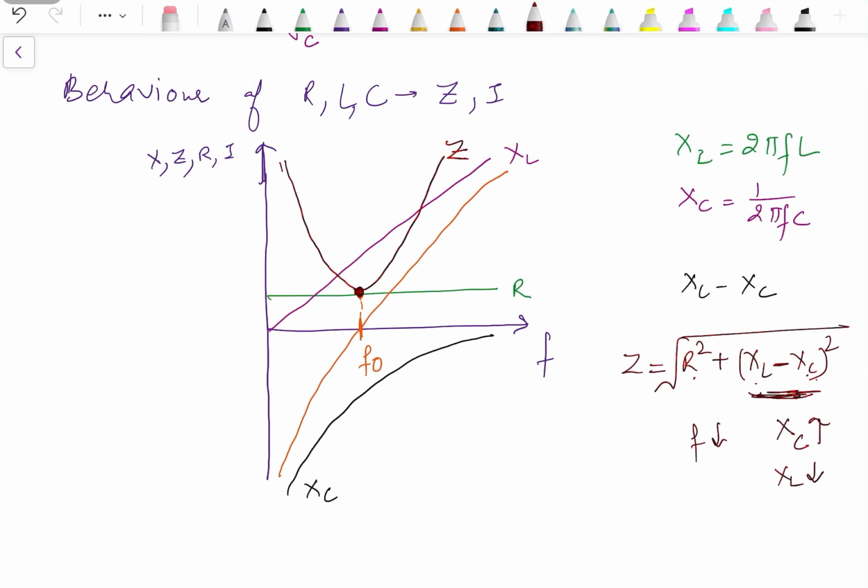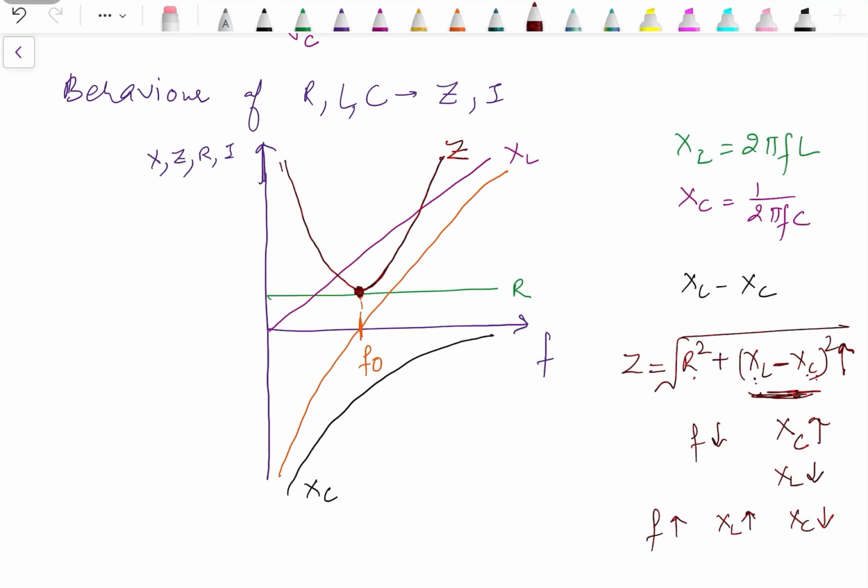Similarly, if we increase the frequency, XL will start increasing and XC will start decreasing. Again, the gap between XL and XC keeps on increasing, which leads to an increase in impedance, depending upon how we are increasing the frequency.